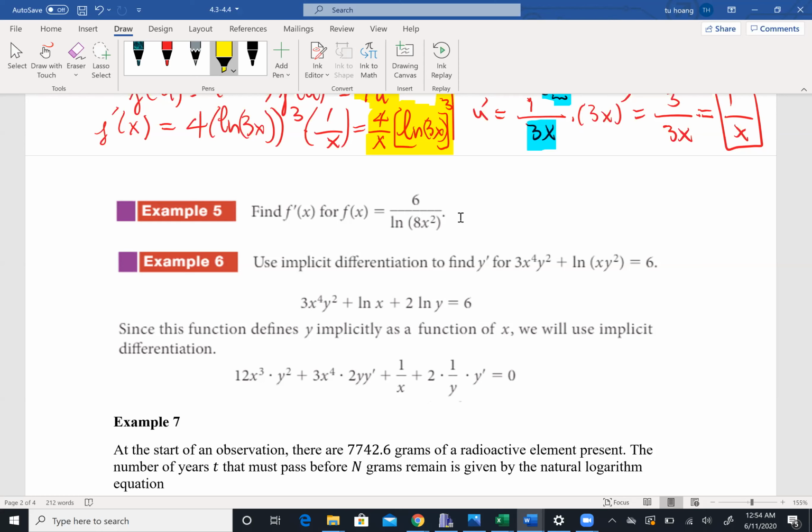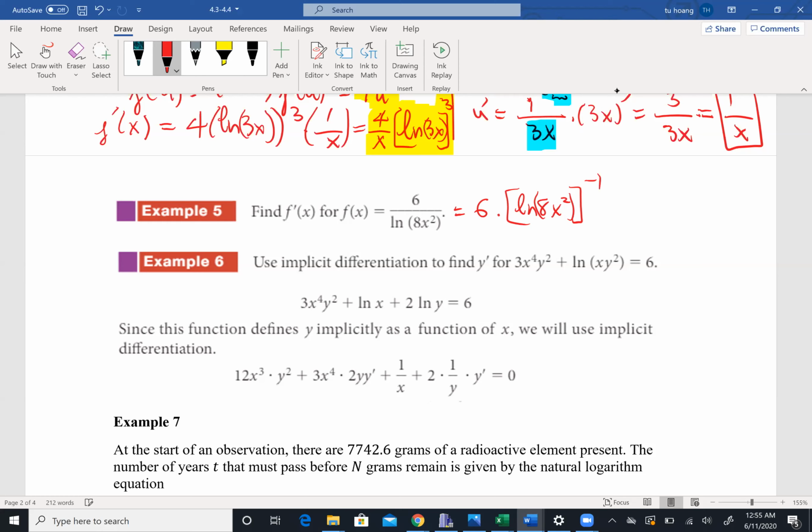Because in the top of this fraction, it is a constant number. So I would like to change it to become power. So I'm gonna say 6 times ln of 8x squared, everything to the power -1.